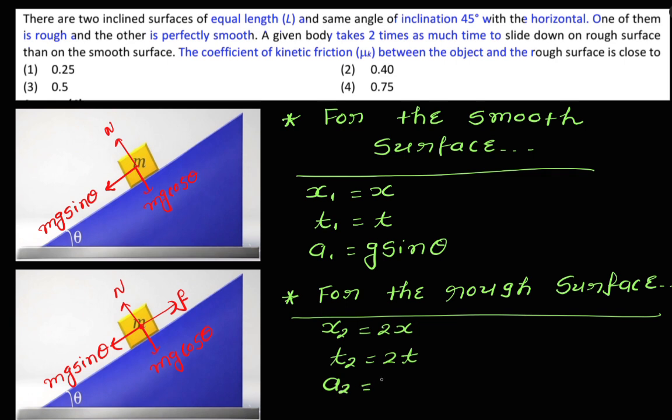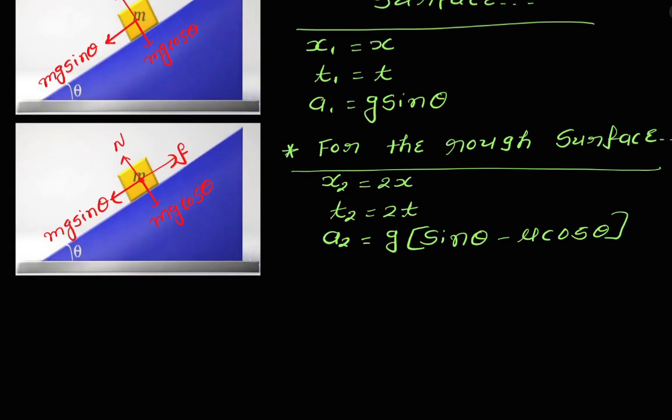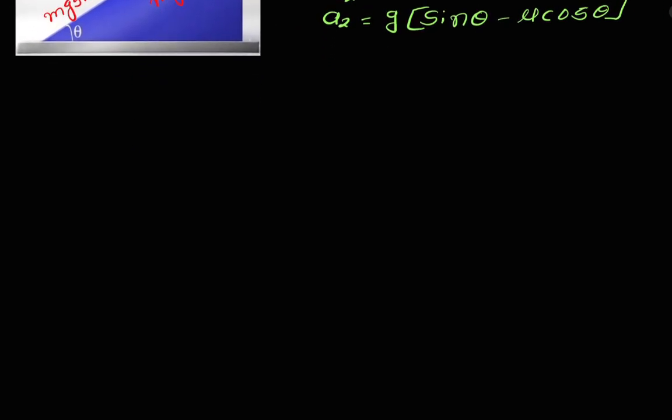Then the acceleration on a rough inclined plane, a2 is equal to g sin theta minus mu cos theta. Now बच्चों, in both cases the distances are the same, so we can compare the distances and write x1 is equal to x2.